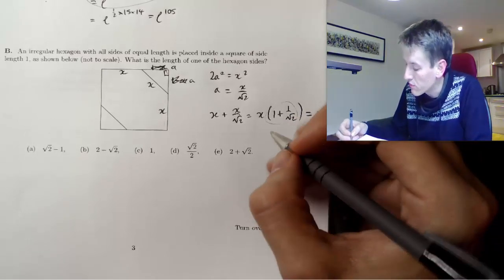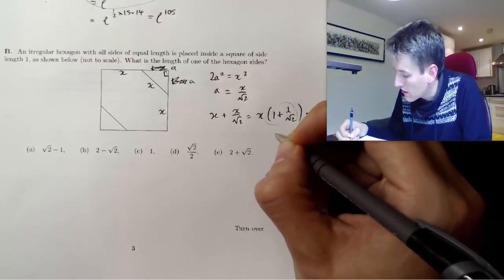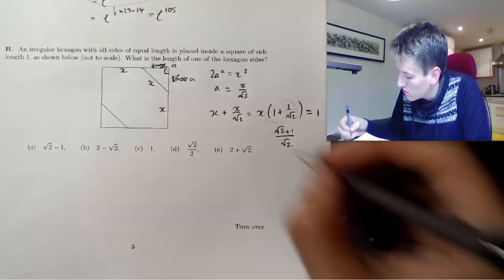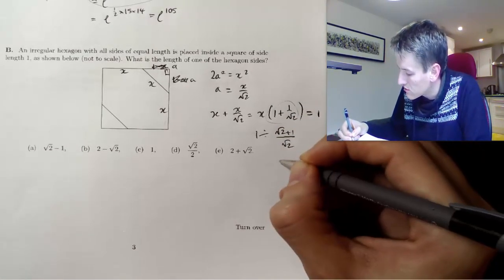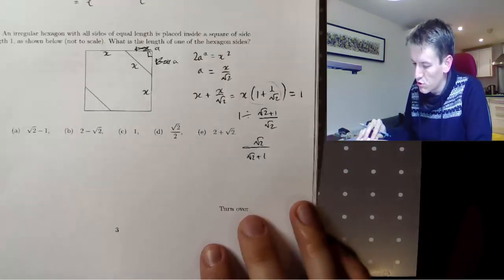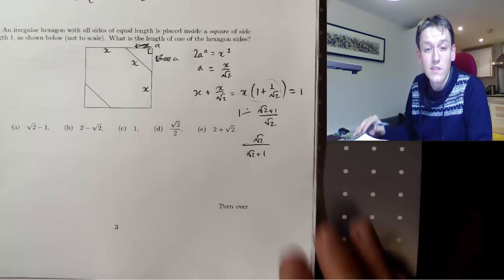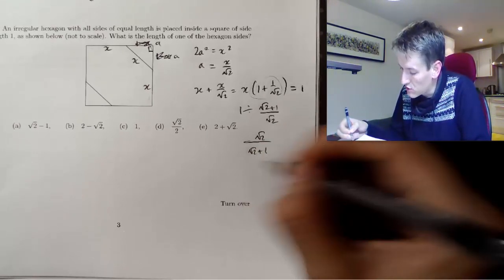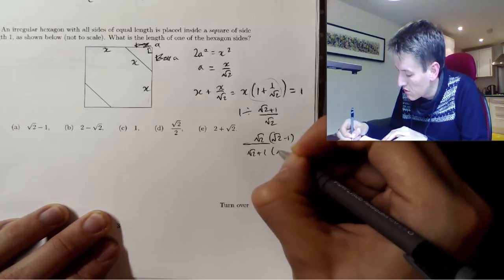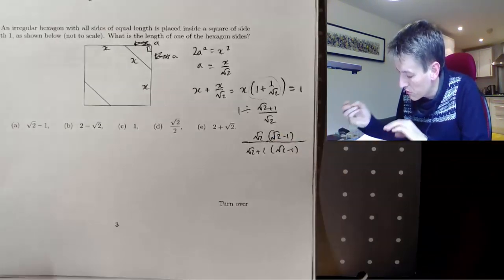So 1 plus 1 over root 2 is the same as root 2 plus 1 over root 2. So 1 divided by that is just taking the reciprocal, so I get root 2 over root 2 plus 1. That's not one of the answers, so we need to rationalize this. Again, multiply by root 2 minus 1, top and bottom.